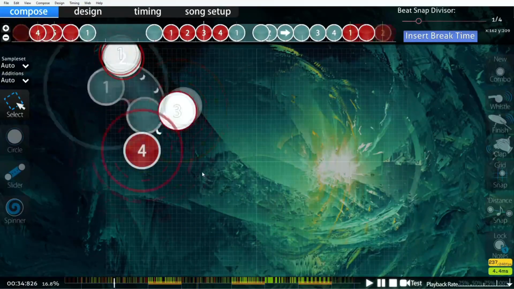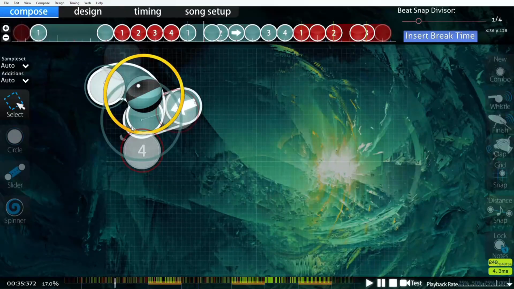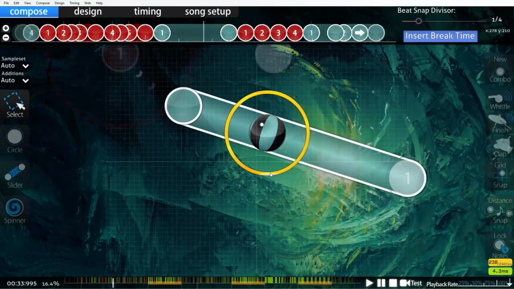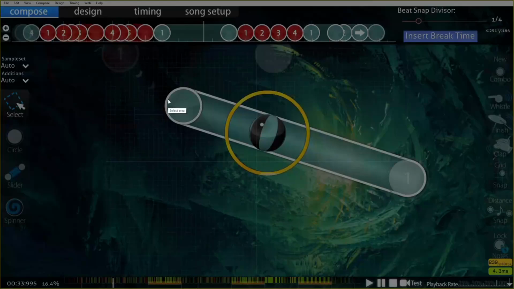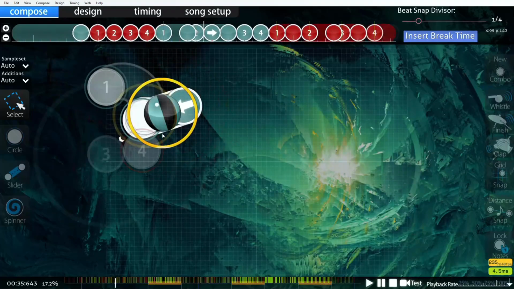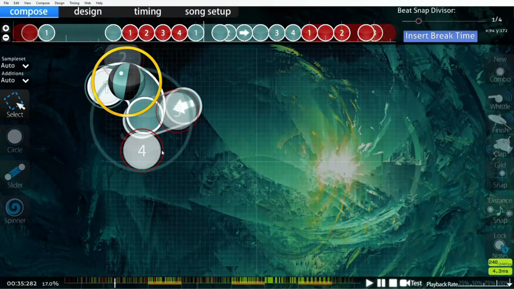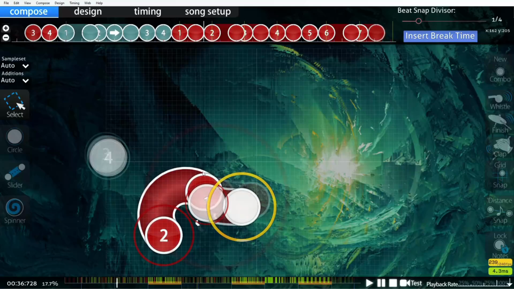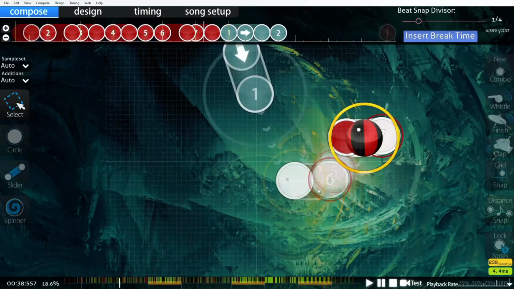All the objects are overlapping slider heads or slider tails or half of the slider body. So basically, no more than this, only this part or this part or this part. This is the type of overlap that I really like to go for because it looks really clean and I really like that aesthetic.